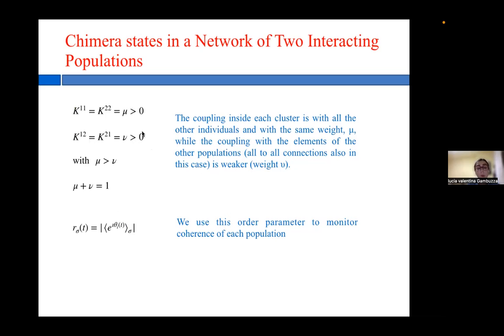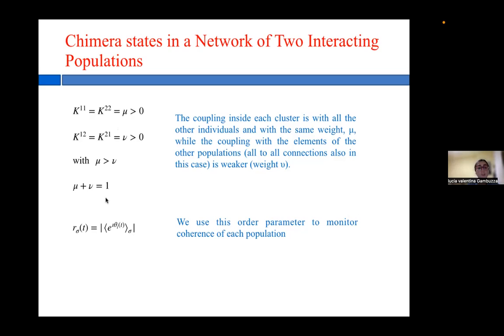And in particular, we have a relationship between these two different coupling strengths: the coupling inside each population must be greater than the coupling among the two populations.